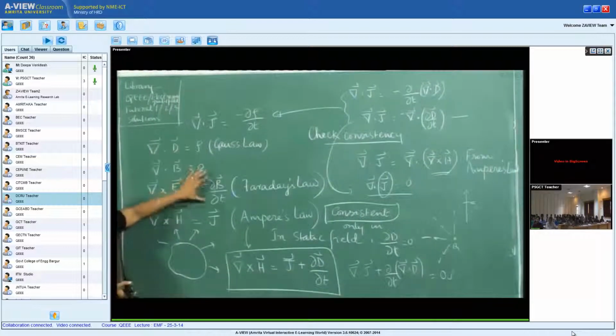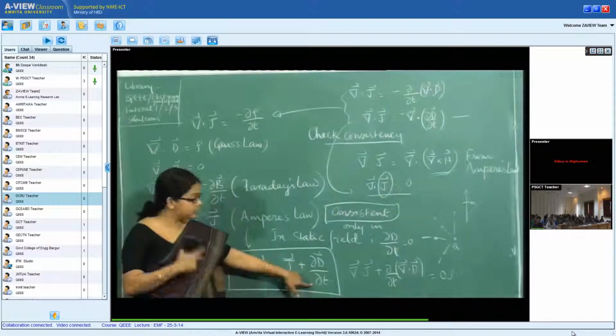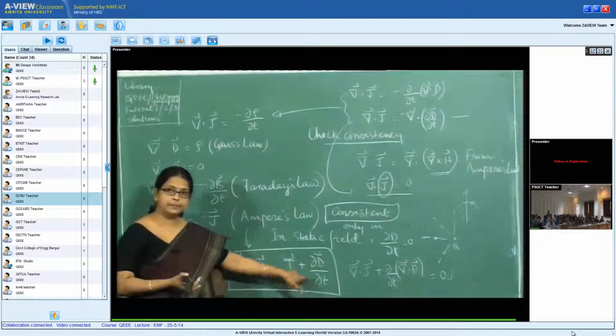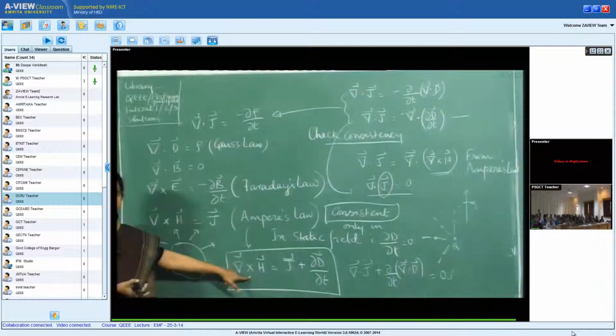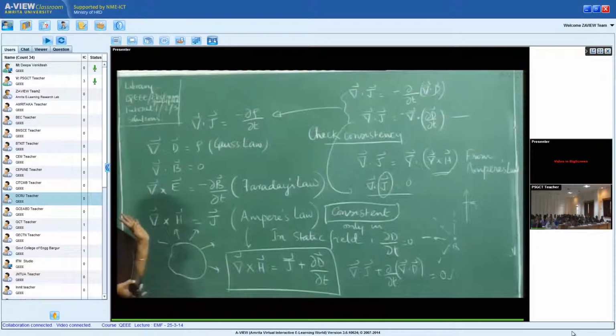Note this again, whenever you have a time varying electric field, because of this additional term here, which is there to satisfy the equation of continuity, you have a magnetic field. With this, all these laws are consistent.